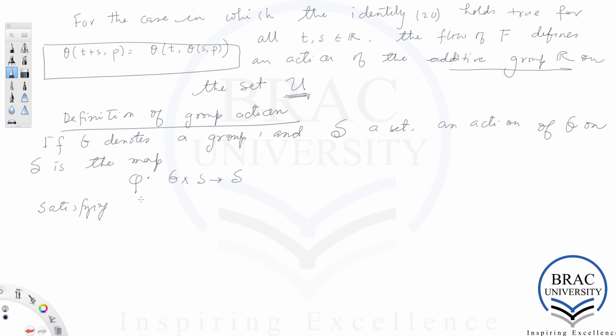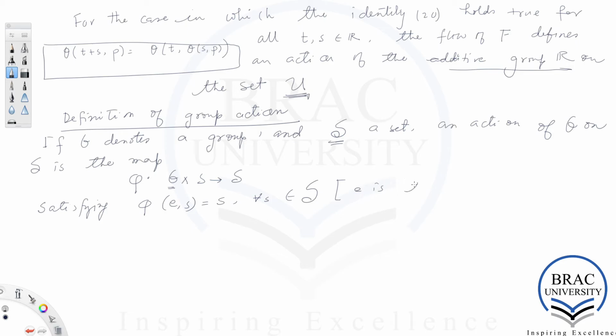Phi of E comma s, where E is the identity element of this group G, has to be equal to s for all small s in big S. Big S is the underlying set.